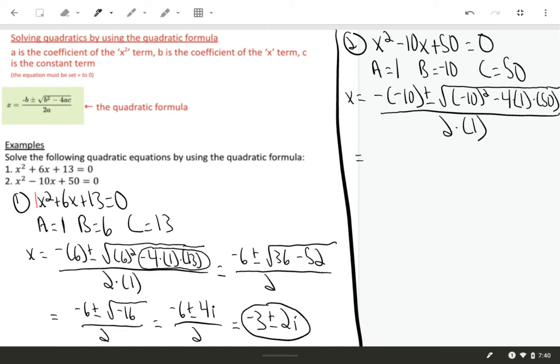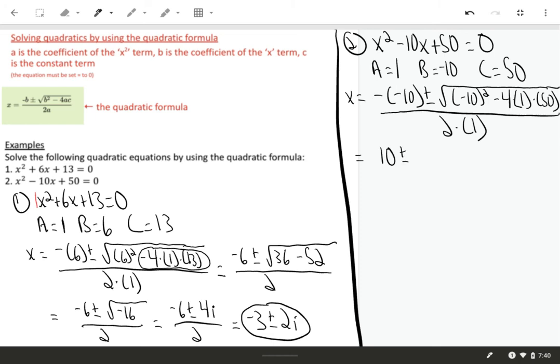And if you might remember when we first learned about the quadratic formula, the first part of the formula is -b. Well, in this case, b is already negative. So -b is going to be -(-10). Well, what's -(-10)? That's going to be a +10 because of the double negative there.